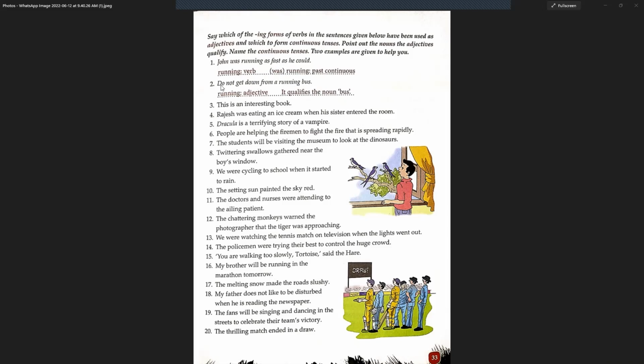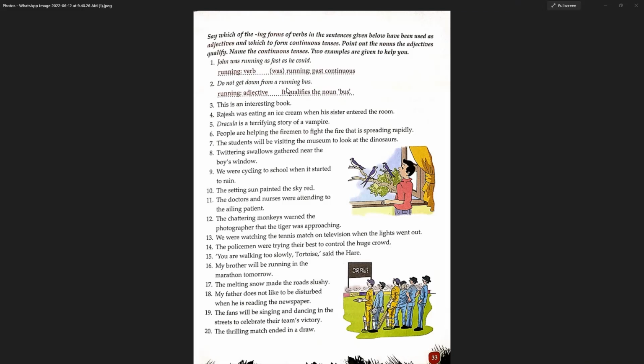And yes, do not get down from a running bus. Okay, do not get down from a running bus. So here running is used as a verb, but here running is used as an adjective. How do you know that it is an adjective, not a past continuous verb?